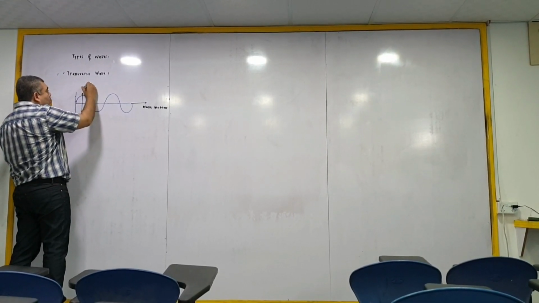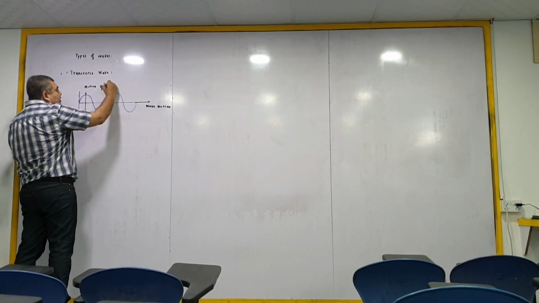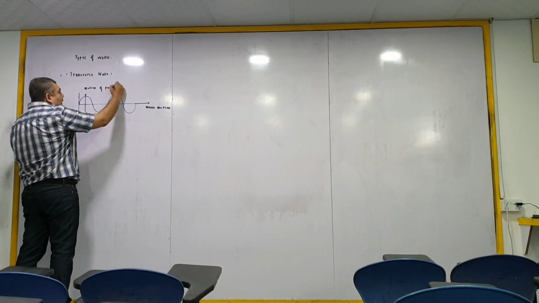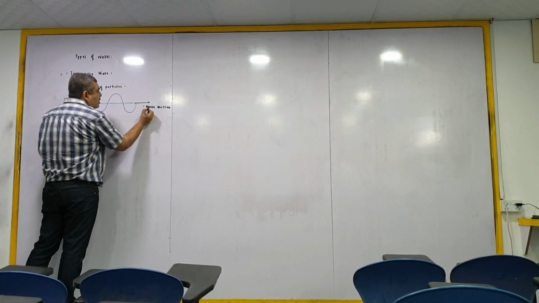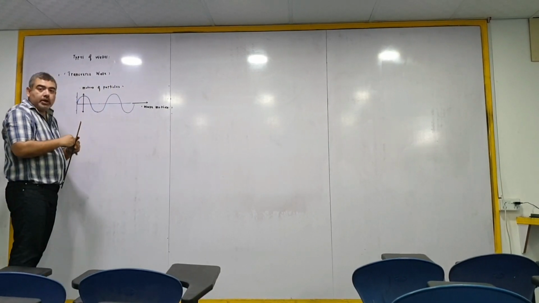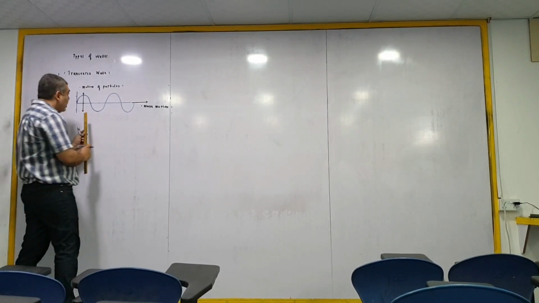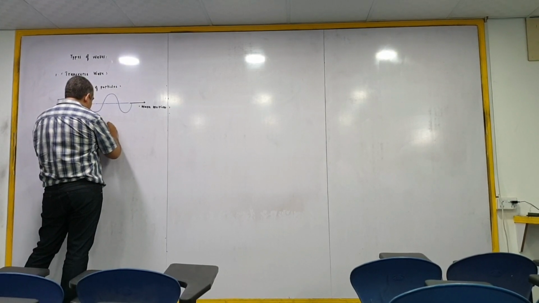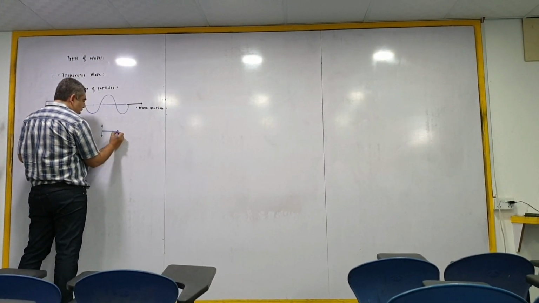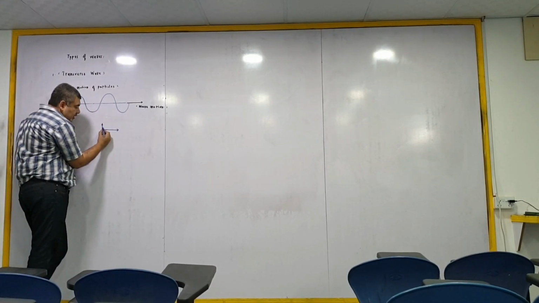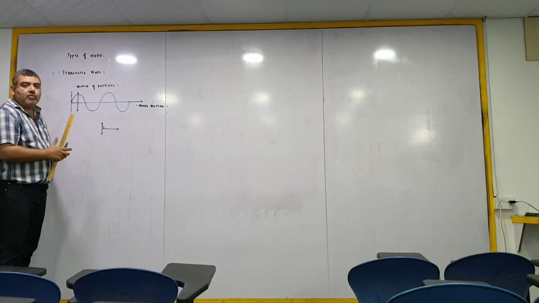So the motion of particles, in this case, is up and down. And what about the wave motion? It's always forward. If you compare the motion of particles to the wave motion, you will find the motion of particles is up and down and the wave motion is forward. That means the motion of particles is making an angle of 90 degrees with the wave motion.